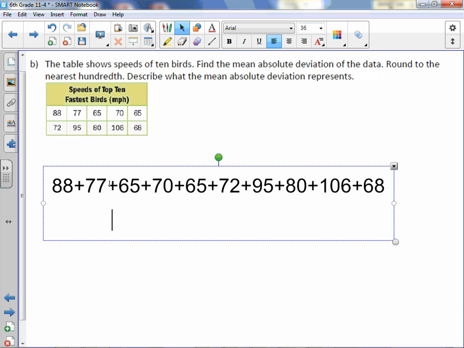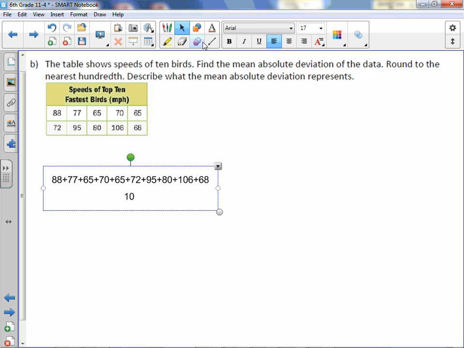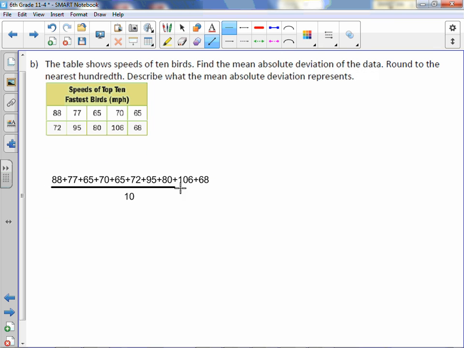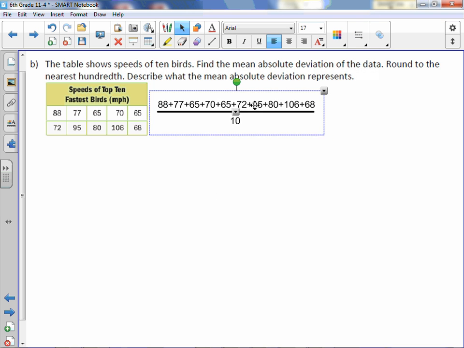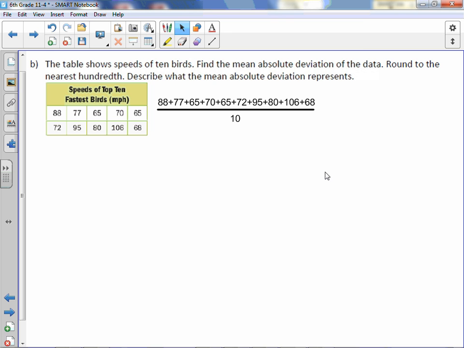This time there are 10 values, so let's go ahead and divide that by 10. When we add everything up and divide by 10, we get a value of 78.6.